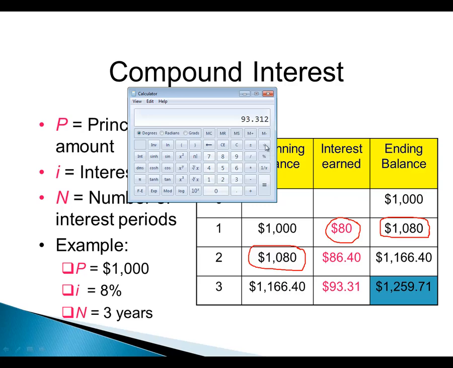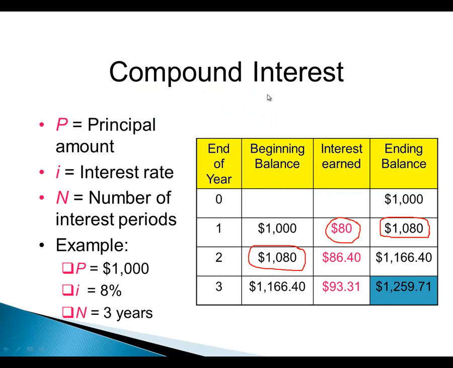So I will add that to the 1,166 and 40 cents, and that will equal 1,259 and 71 cents. And this is the total amount that we need to pay back at the end of the period, considering compound interest.